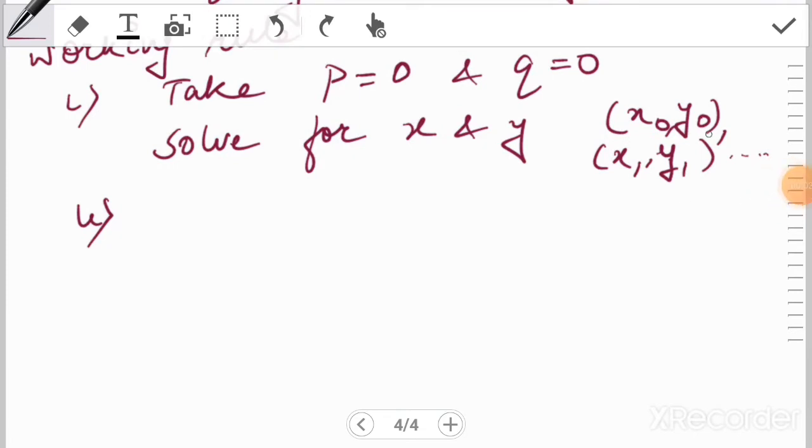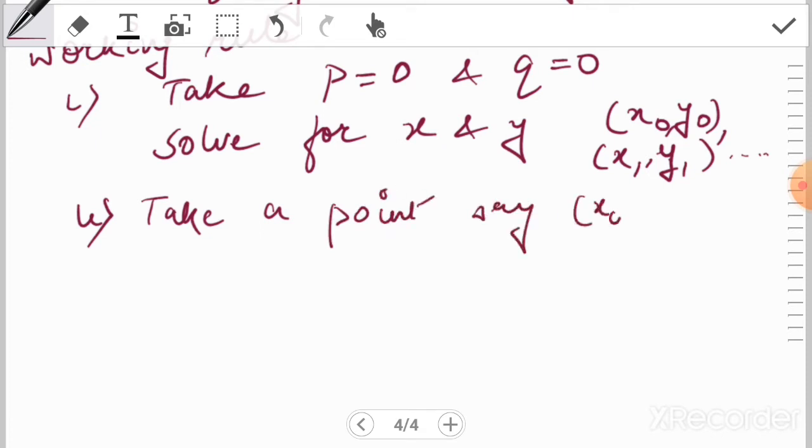Now take a point, say (x0, y0), and find the values of r, s and t.